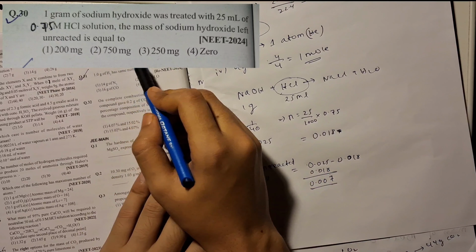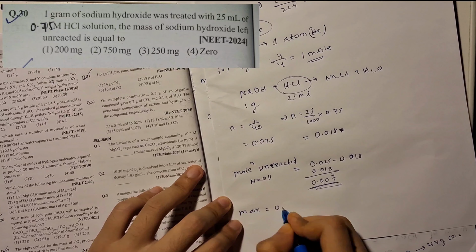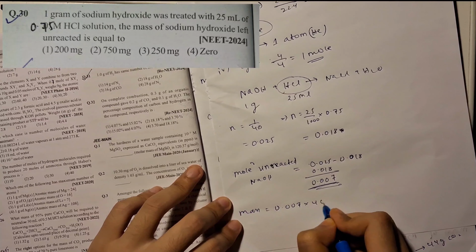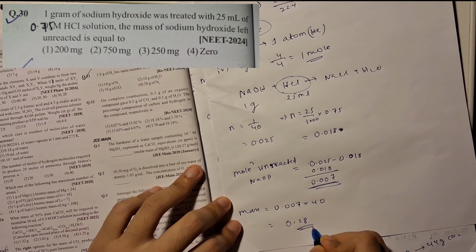So the question is the mass of sodium hydroxide left unreacted. The mole is 0.007, but mass will be 0.007 into 40, 0.28, so 0.28 gram will be the right answer.